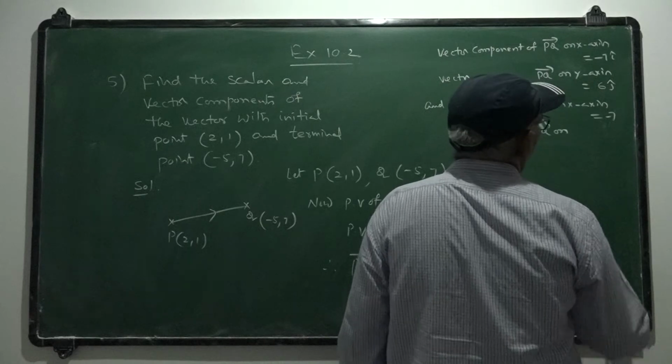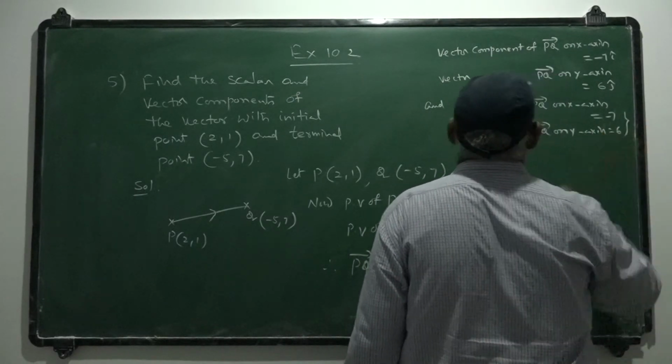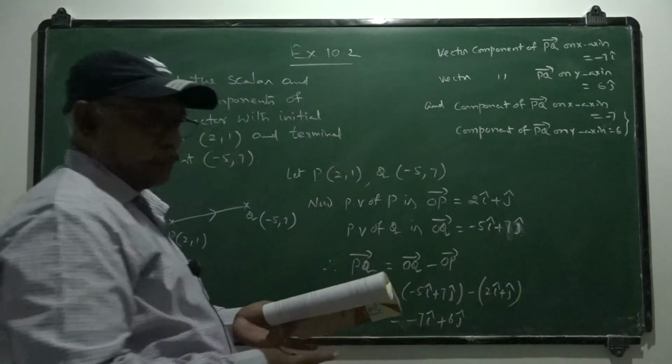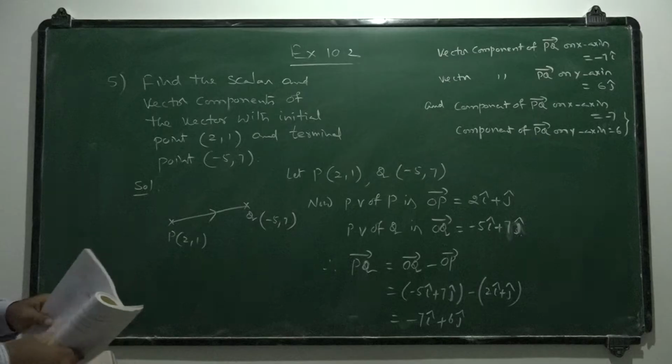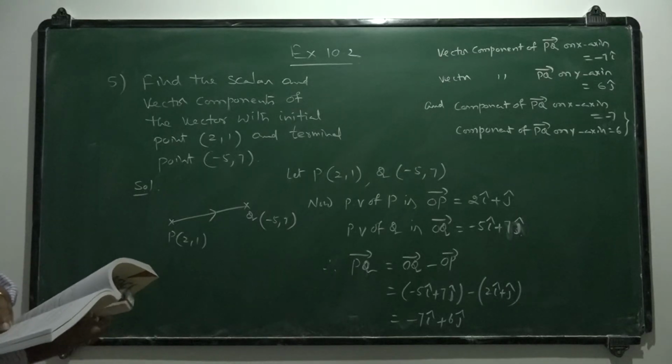The component of PQ bar on the y-axis is 6. These are the scalar components, whereas the vector components are -7i and 6j.